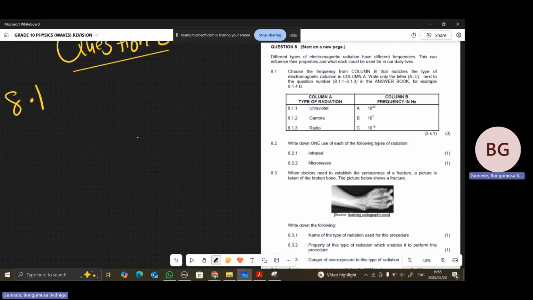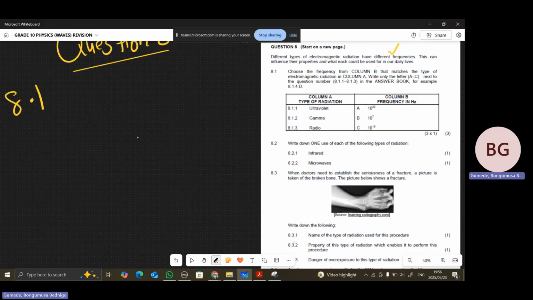We have different types of electromagnetic radiation and they have different frequencies. So choose a frequency in column B that matches the type of electromagnetic radiation. So if you remember your EM radiation spectrum, where you have your visible light, your radio waves, your microwaves, your gamma rays, your X-rays, your ultraviolet light.